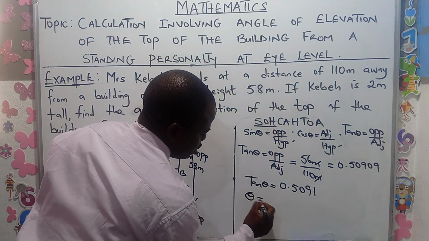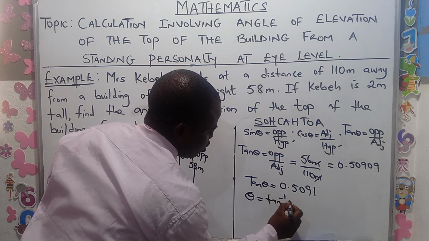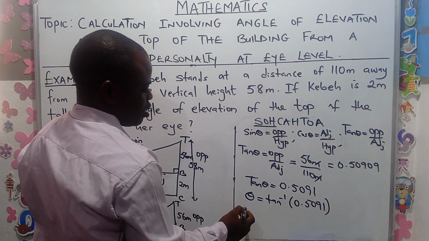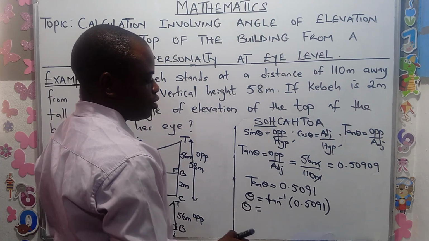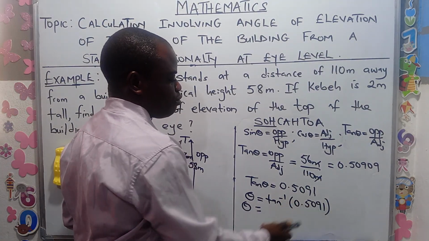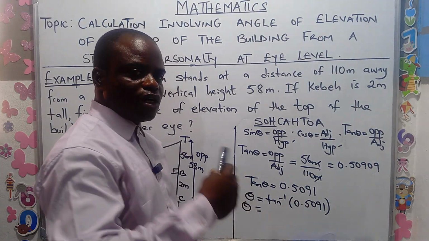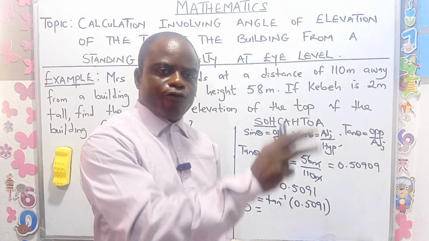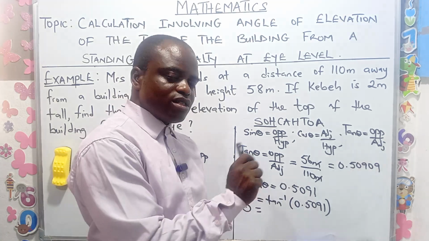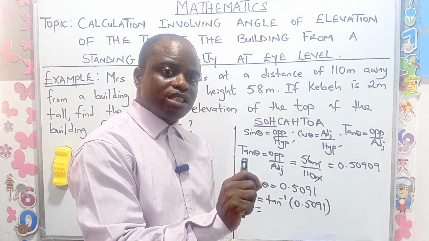Now you have theta equals tan inverse of 0.5091. Okay, how do you get that when you are pressing the calculator? Press second function, tan of 0.5091. On your calculator, there's a key written second function. Press it, and after that, go to where it is written as tangent.